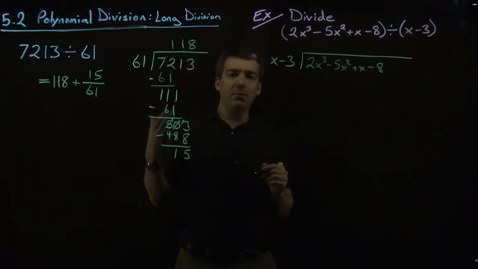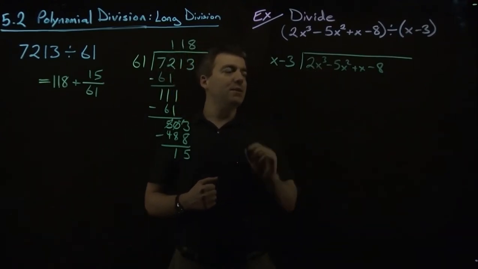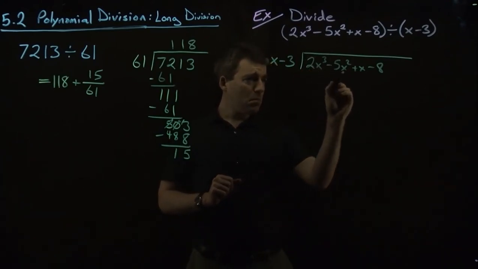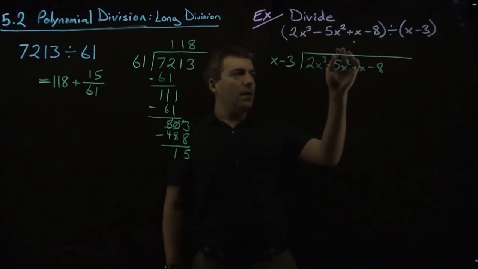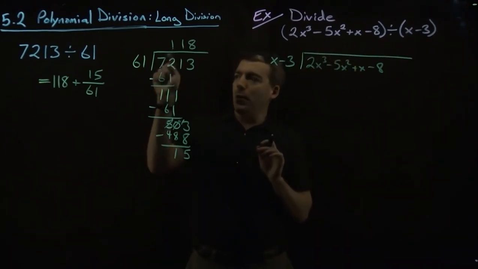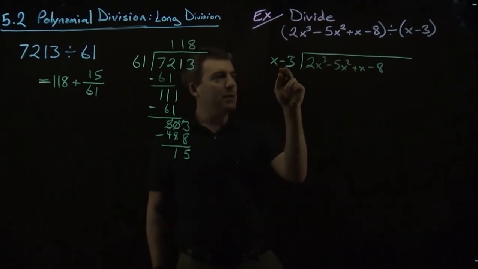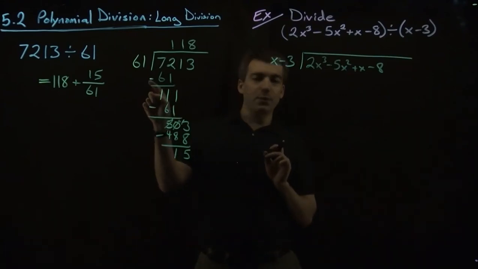And then we'll follow the same procedure. So we'll take that first term. How many times does x minus 3? Well, we don't have to worry about that. We've got two terms. What we'll try to do is write something here that when multiplied by the x minus 3 gives us something that will cancel out this term when we subtract.